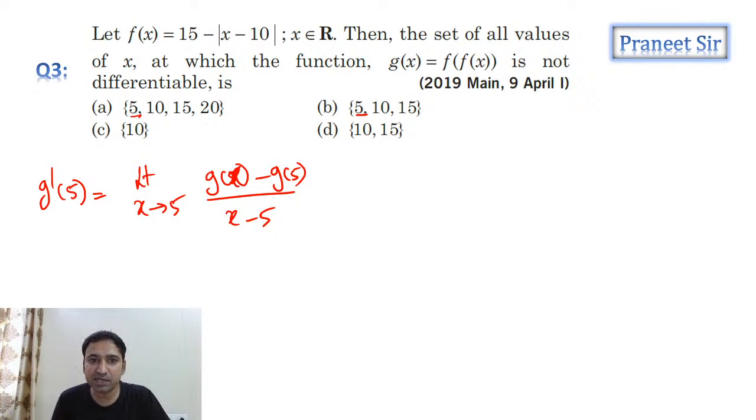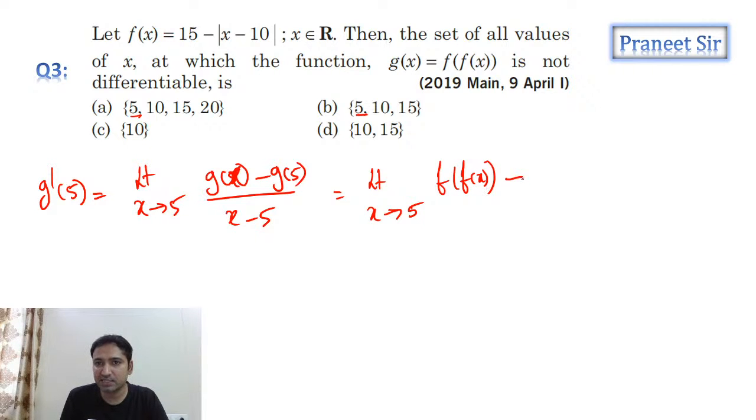So what is z of x? Z of x is f of x only. And z of 5 is f of 5, guys. So now let's calculate what is f of 5.